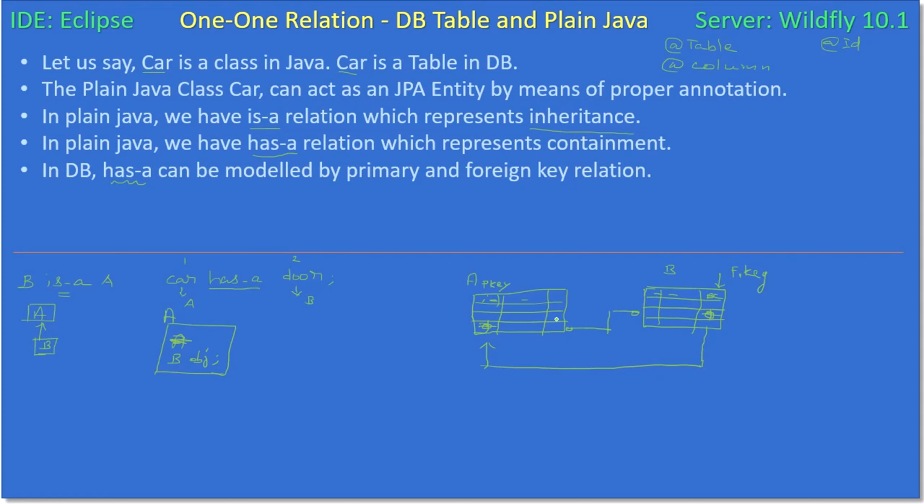And when that pointing or mapping happens for one row in A, there will definitely be only one row in B. So in that case, we call that a one-to-one relation. For table A there is one row, and there will be a corresponding single row in table B. That's what we are specifying here.